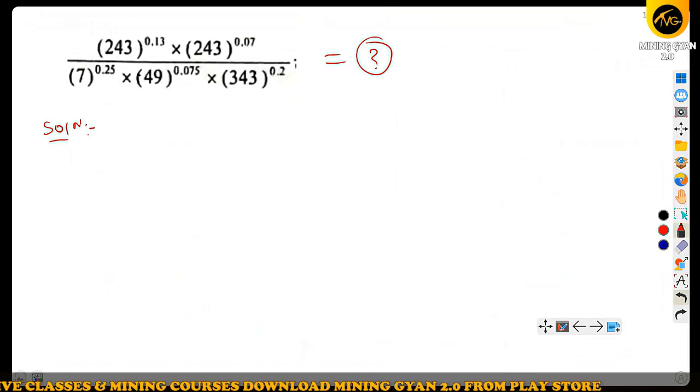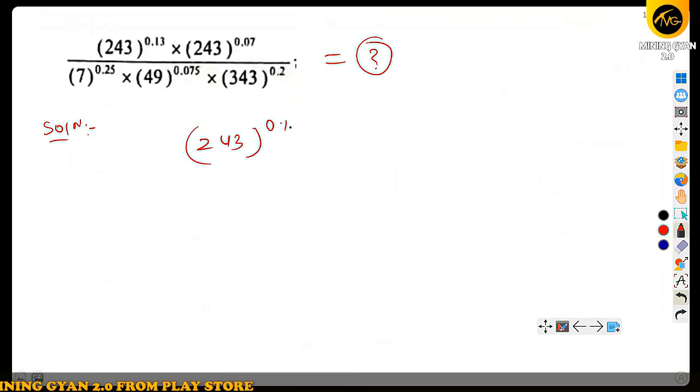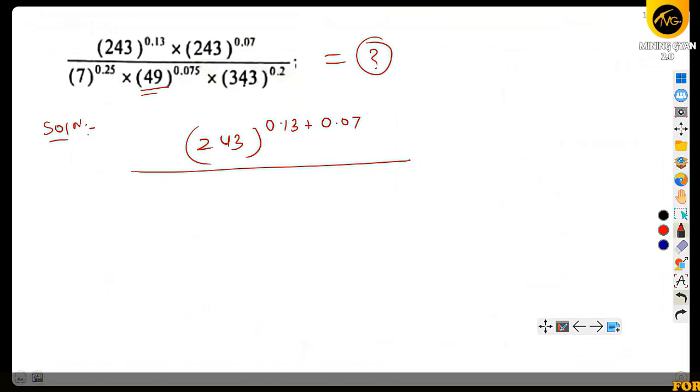Now in the numerator, the bases are the same, which means we can simply add the powers of 243. So 243 whole power 0.13 plus 0.07, and divided by, we can easily break down 49 as 7 square, and similarly 343 is the cube of 7.